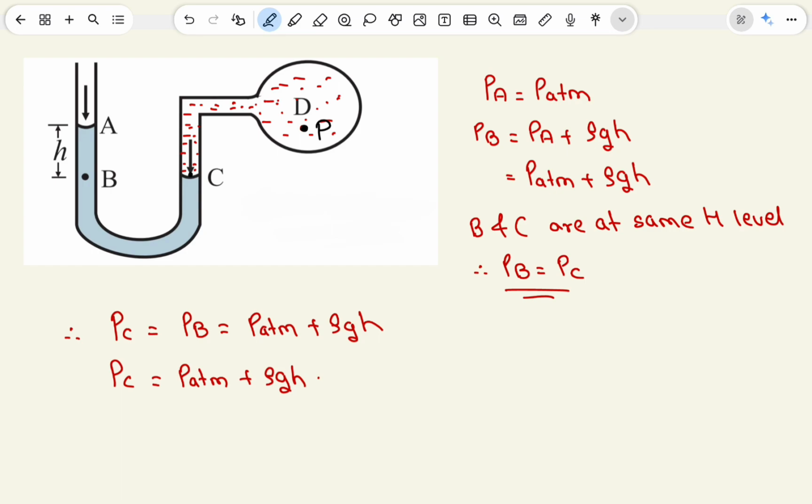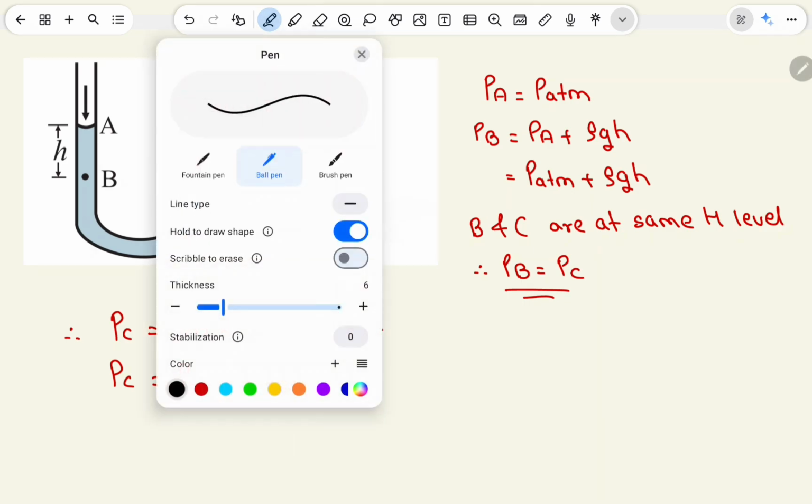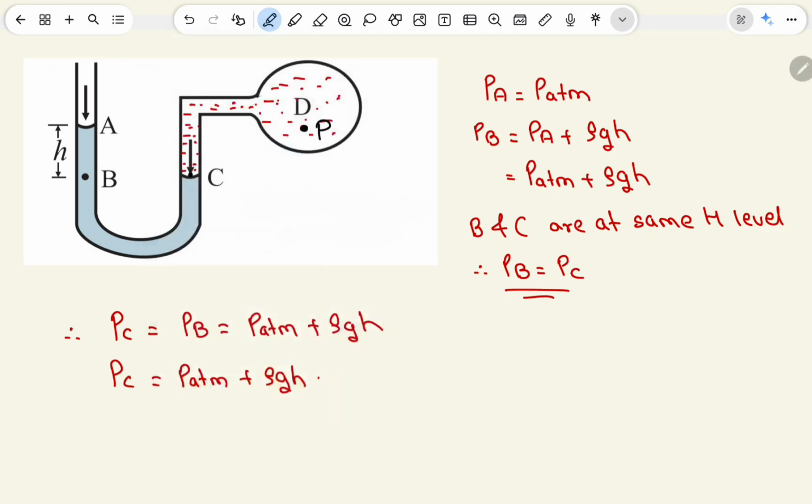And we know, according to Pascal's law, the pressure at any point in an enclosed fluid is equally transmitted to all the other points in the fluid. So the pressure P inside the container is equally transmitted to point C. By using this concept, we can write PC is nothing but P, which is nothing but the absolute pressure of the system.